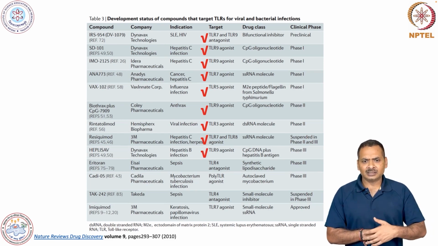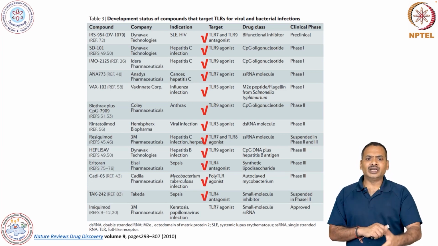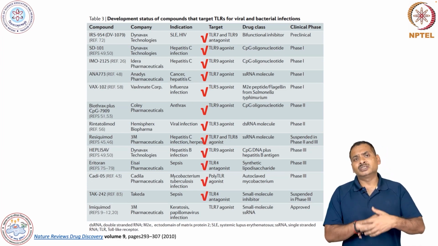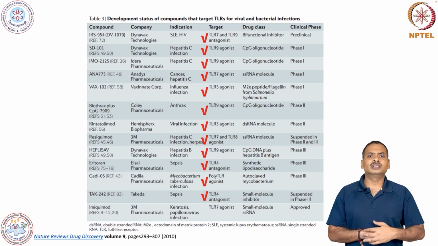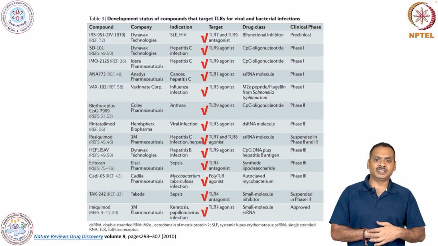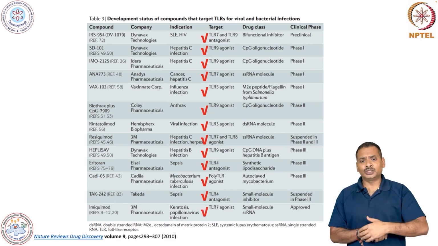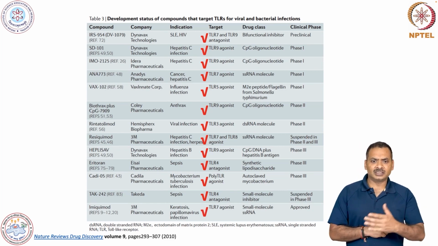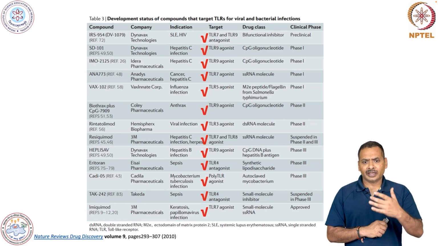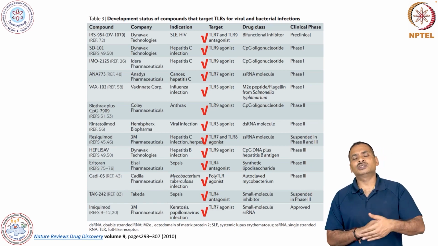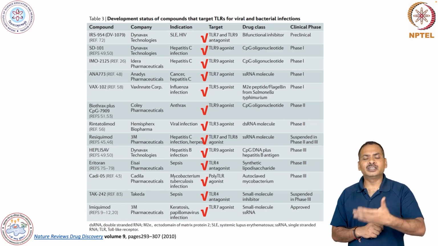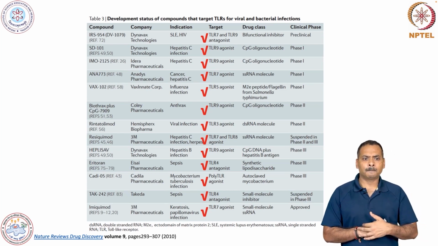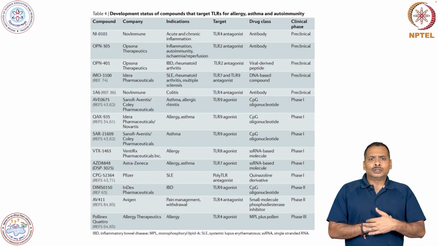Like that, there are several ligands which can be used in the treatment of various viral and bacterial infections, and many of these molecules are in phase 3 trial. And very interesting, there is a TLR7 agonist which is already approved for clinical use. Okay, this is imiquimod.